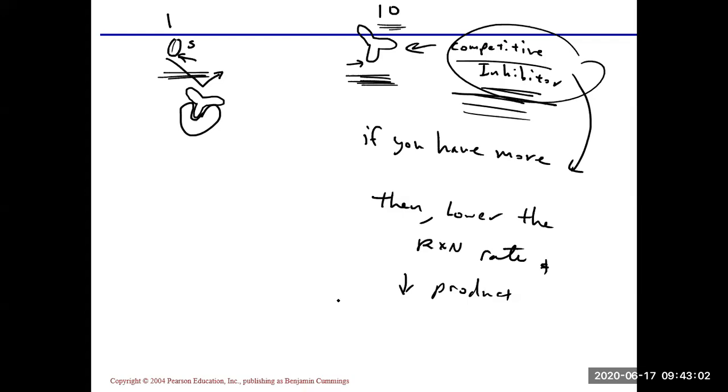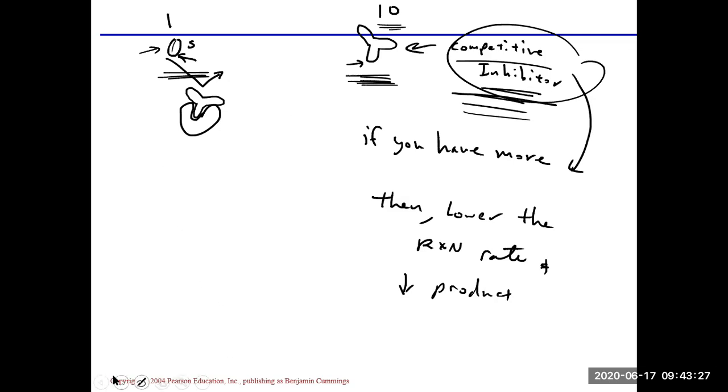The less competitive inhibitor you have, the more product you will have. Opposite, obviously. It's called competitive because they're competing. It's an inhibitor because it prevents the substrate from binding. In this case, our enzyme is not changing shape, but it's blocked.